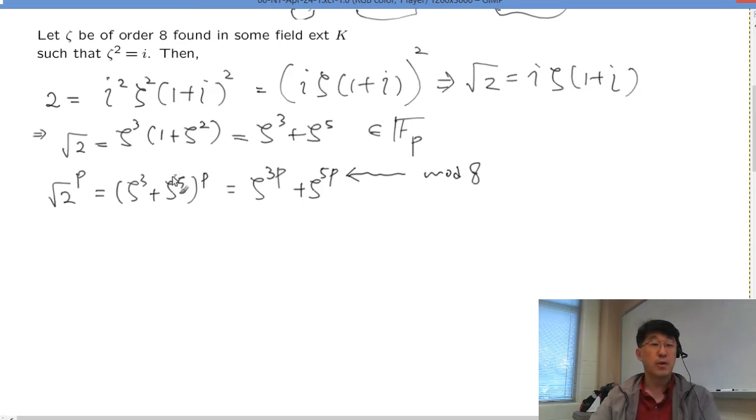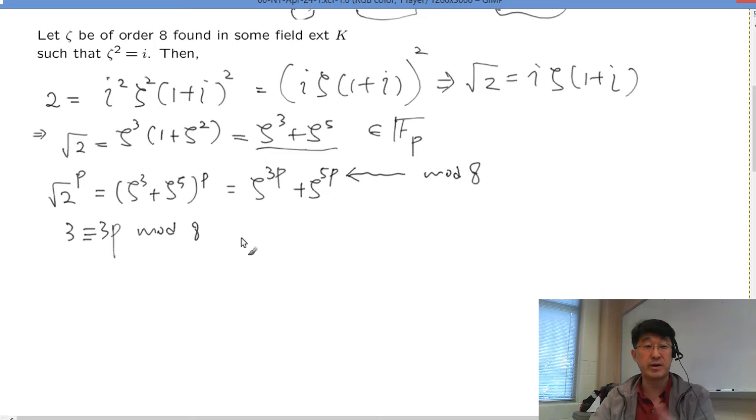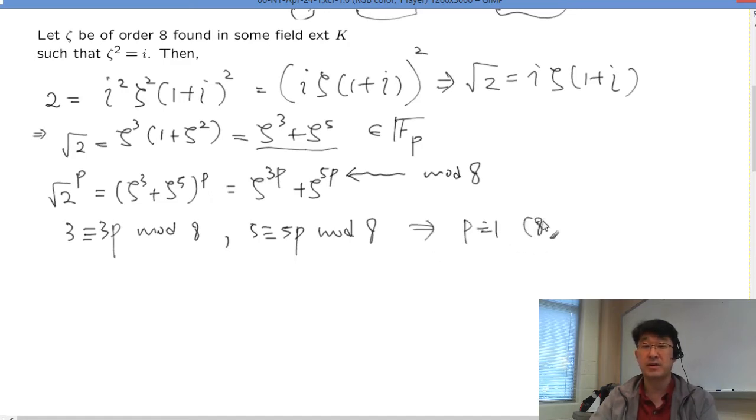All right. So where is the square root of 2? Square root of 2 is right here, right? How on earth can these two be equal to each other? Maybe 3 and 3p are equal to each other. That never happens with a prime number, but it may happen modulo 8. Then it's going to be 3, 3. That's the same element, right? How about here? Consistent, isn't that right? Mod 8. So the conclusion: if p is 1 mod 8, this is going to be equal, and that's going to be equal.